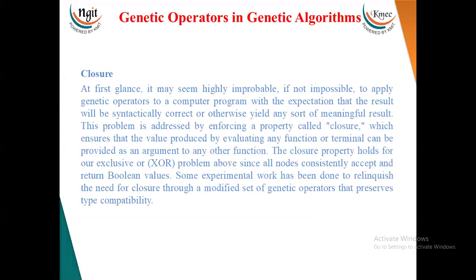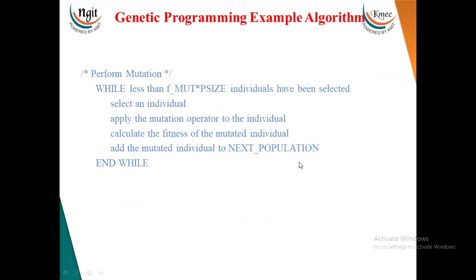So what is meant by closure? The problem is addressed by a property called closure, where the output of an evaluated function or terminal can be used as input to another. I'll tell you the example. Closure means if I'm doing one problem, the output of that particular function will be input to the next one.